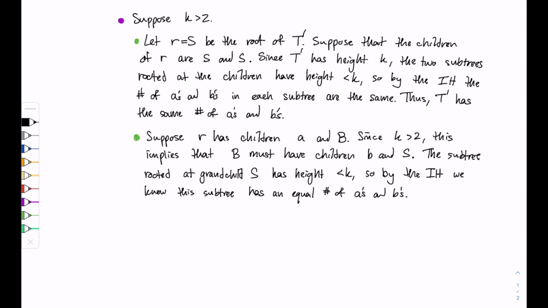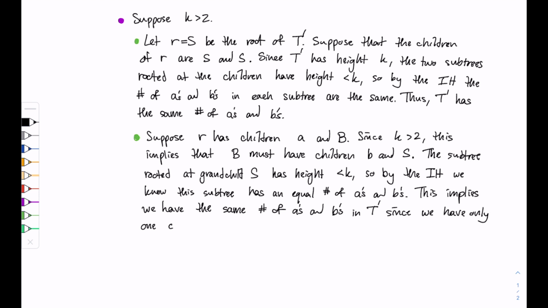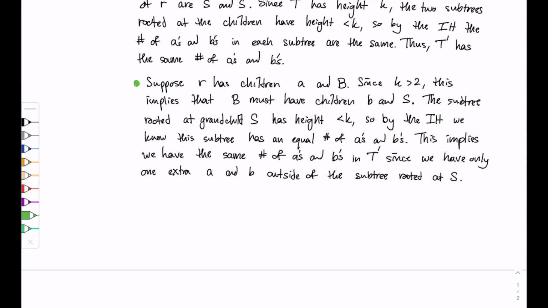Now, since we have a child here of A and a grandchild of B, and then whatever A's and B's live inside of the subtree rooted at S, this tells us that we have the same numbers of A and B. And this is because we have only one extra A and B outside of the subtree rooted at S.